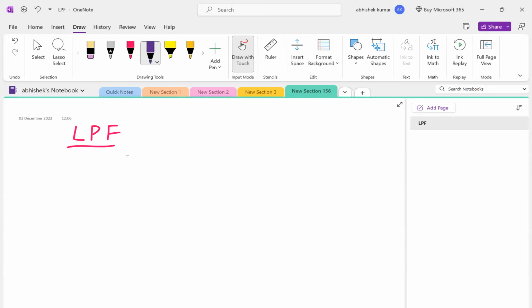See, basically in our active filters, we usually have three types of low pass filter: inverting low pass filter, non-inverting low pass filter with gain, and non-inverting low pass filter without gain.